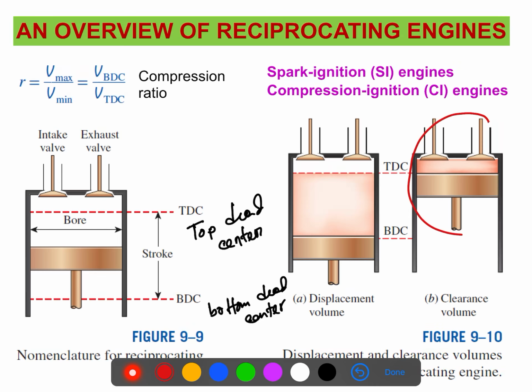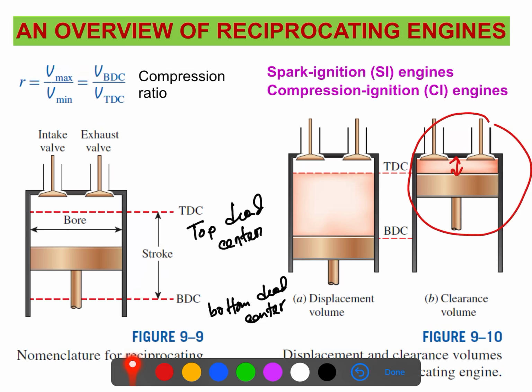The piston goes up and the volume decreases. This is the dead point, the maximum point the piston can move, called the TDC, or top dead center. During the expansion process, it can go down up to this point, where the piston usually stops. We say this is the bottom dead center.